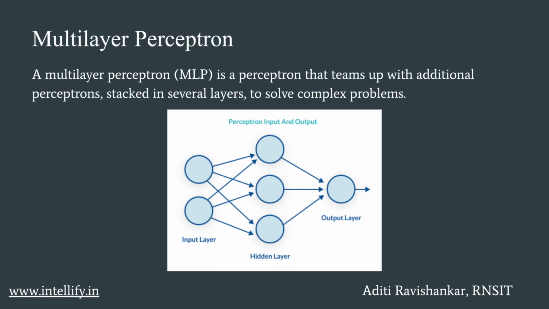In the diagram here, every line going from a perceptron in one layer to the next layer represents a different output. Each layer can have a large number of perceptrons and there can be multiple layers. So the multi-layer perceptron can quickly become a very complex system. The multi-layer perceptron has another more common name, which is nothing but a neural network.